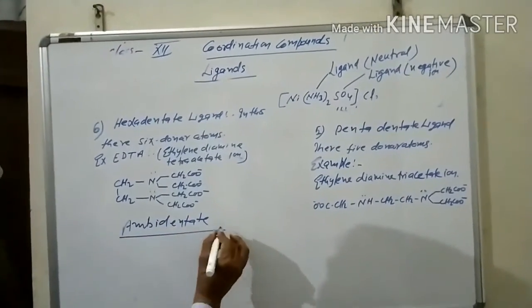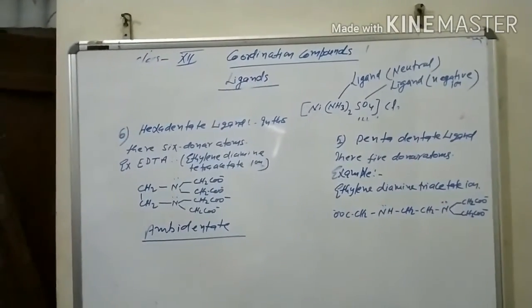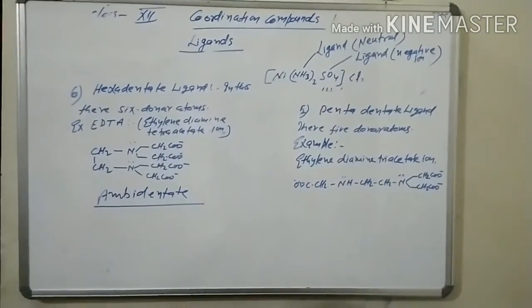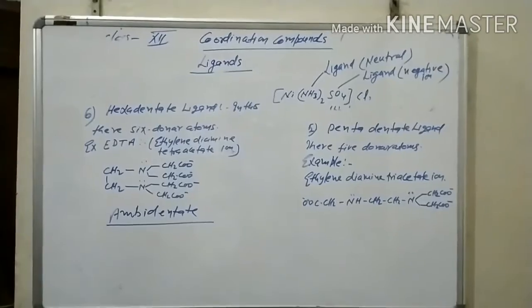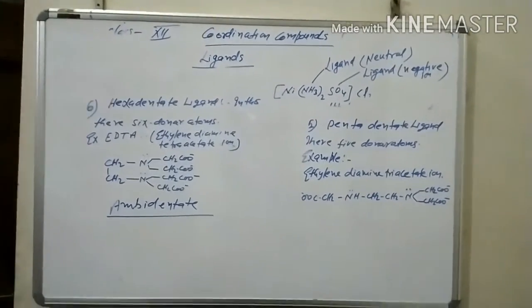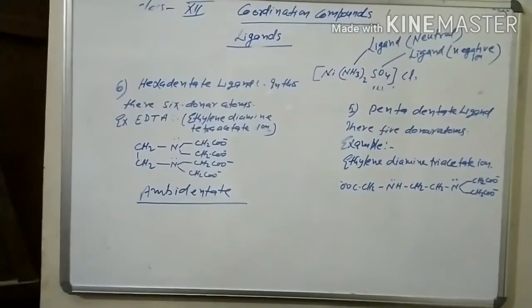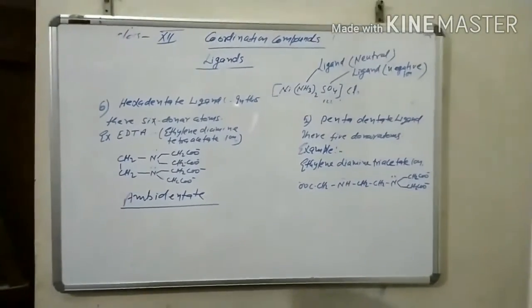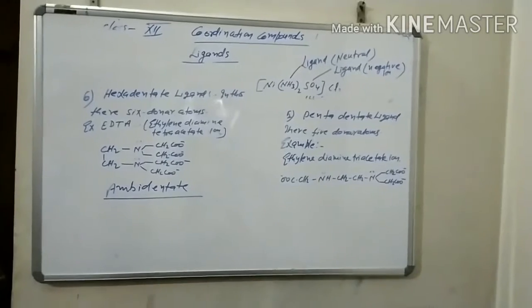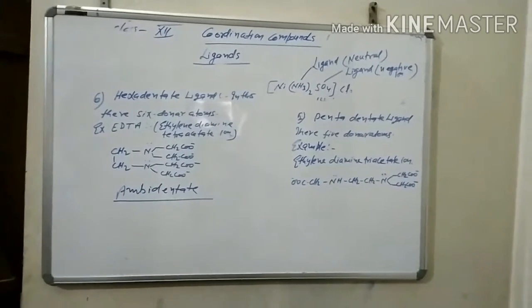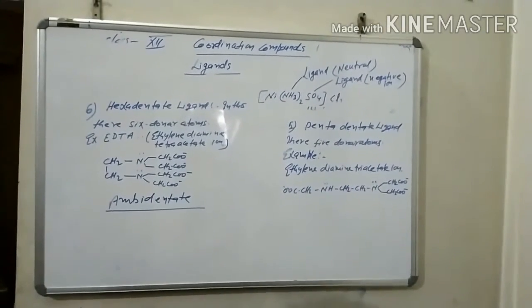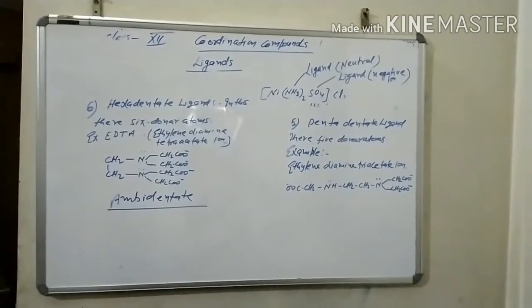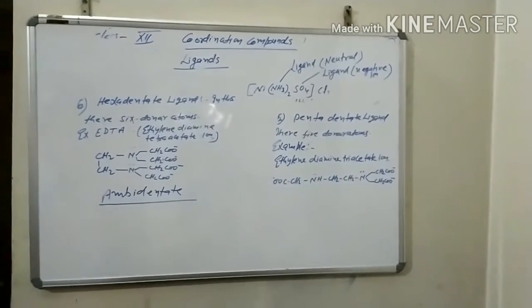Some ligands are known as ambidentate ligands. Such ligands are those in which two or more donor atoms are present in the ligand, but only one donor atom is coordinated with the central metal atom or central metal ion.